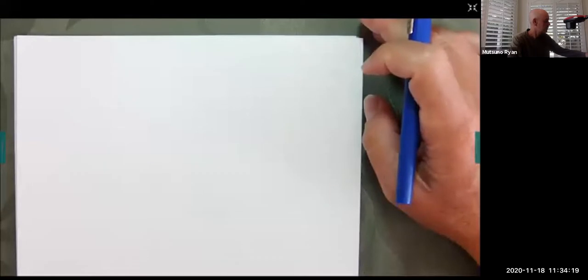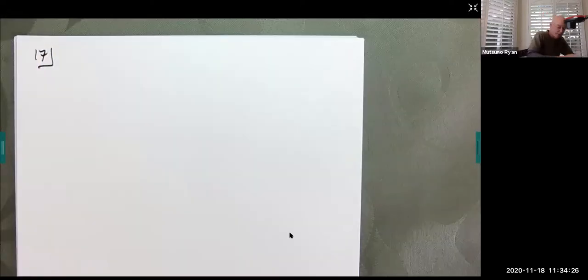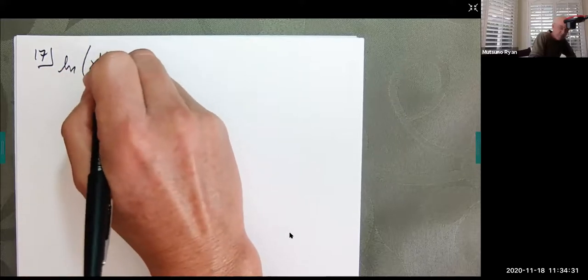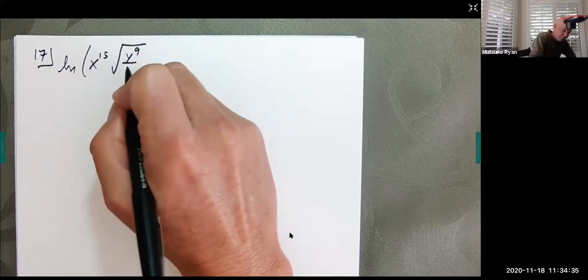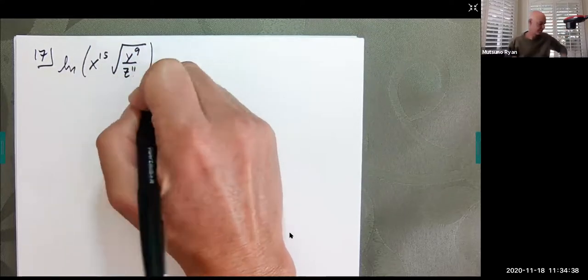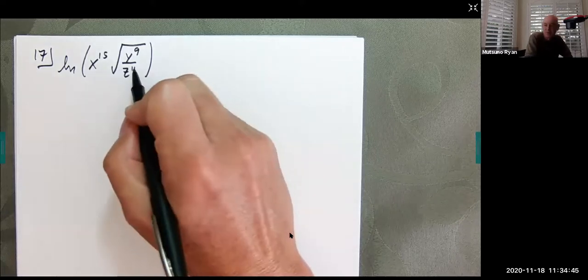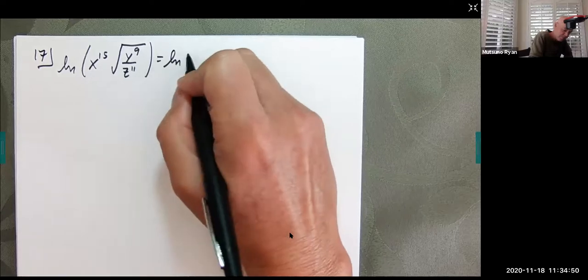We're at number 17. Here we have the natural log of... all right. Now, if you remember, a radical is the same thing as dividing each of these exponents by 2. There's 2 right there.